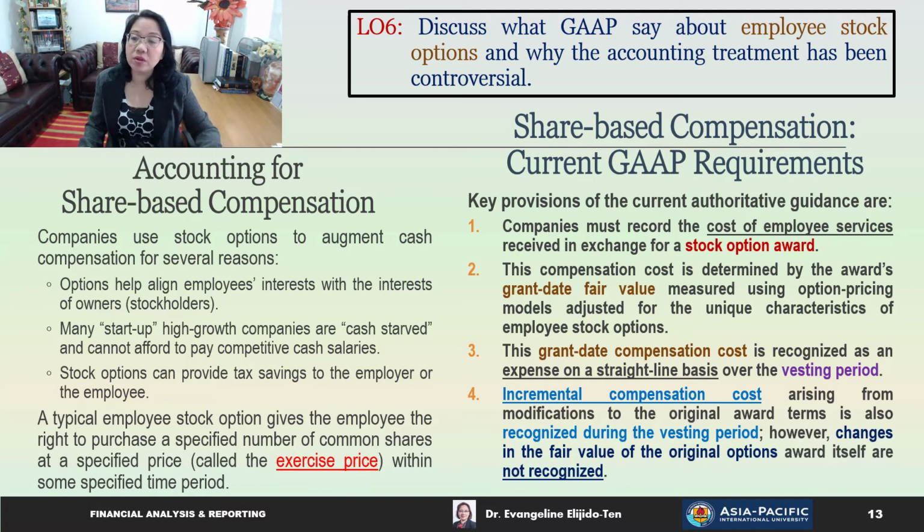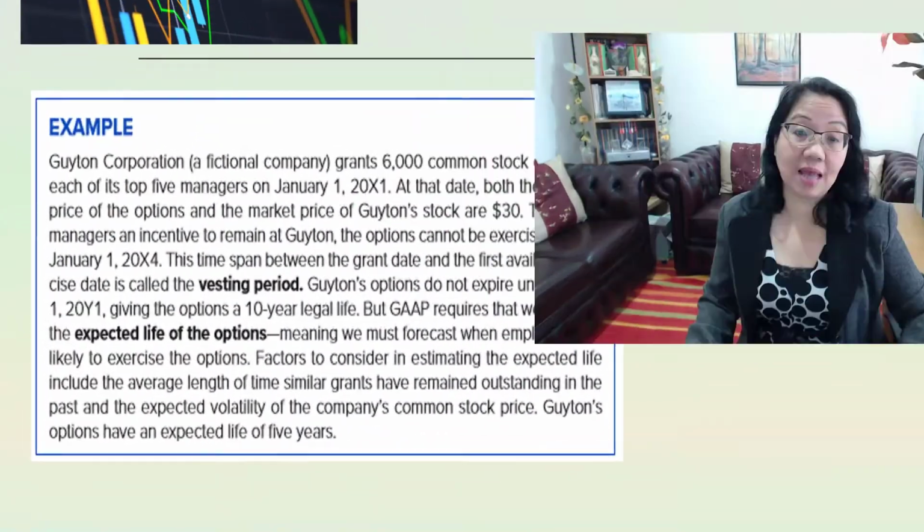Now, the fourth requirement is that the incremental compensation cost arising from modifications to the original award terms must be recognized also during the vesting period. However, changes in the fair value of the original options award itself are not recognized. So let us have a look at an example.